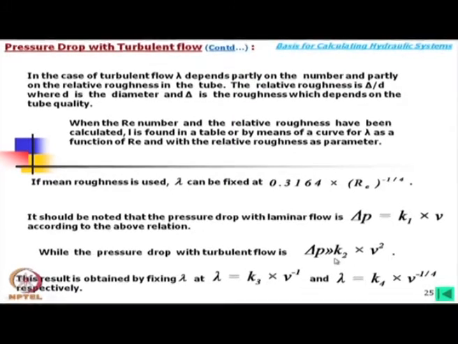And thus the result is obtained by fixing lambda equal to K3 by V to the power minus 1 and lambda equal to K4 into velocity to the power minus 1 by 4, respectively for the laminar and turbulent flow.